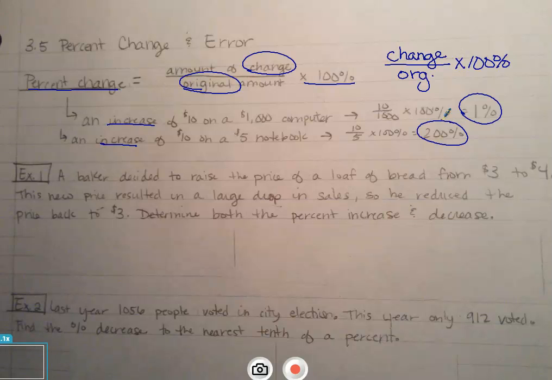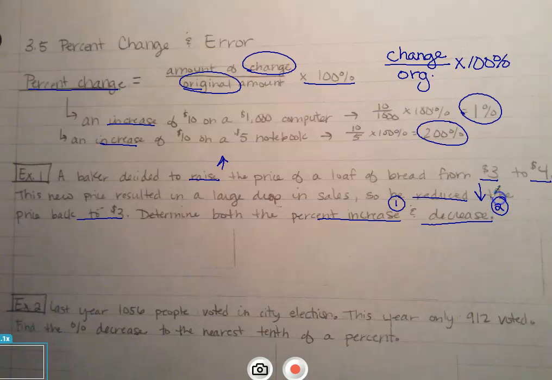A baker decided to raise the price, so that's an increase, of a loaf of bread from $3 to $4. The new price resulted in a large drop in sales, so he reduced the price back to $3. So that's a decrease back to $3. Determine both the percent increase, that's the first problem, and the decrease, that's the second problem.